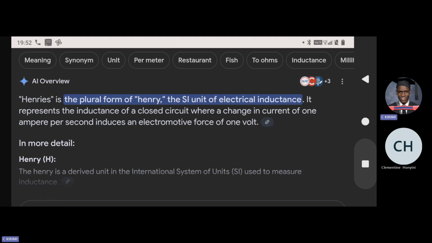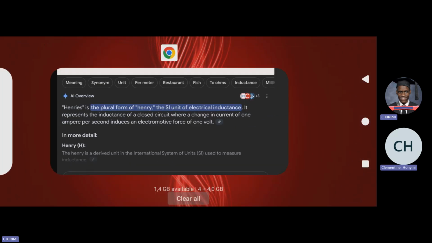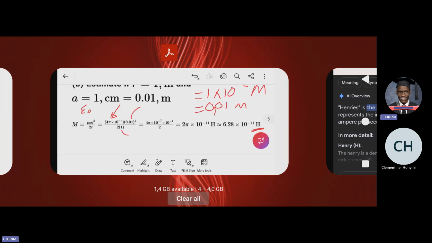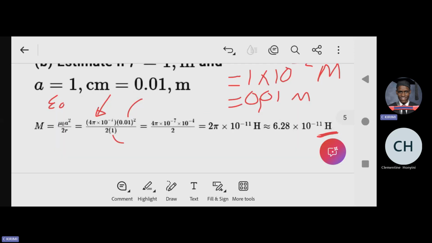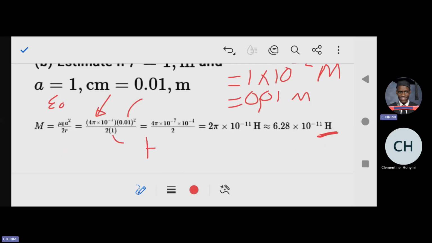That's why I'm showing it, so that when I say it, you know that H is the Henry. That is the symbol for inductance unit. In this case, it's mutual inductance.